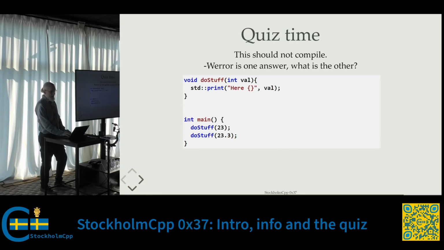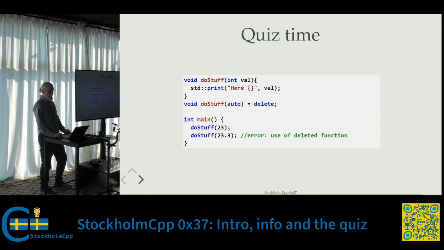But there is another way we can do this. Who can guess or tell me another way to make this line not compile? You can maybe delete the template overload. You can take all overloads away, and then the compiler will tell you, hey, I cannot do this.